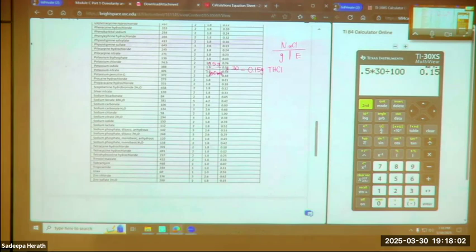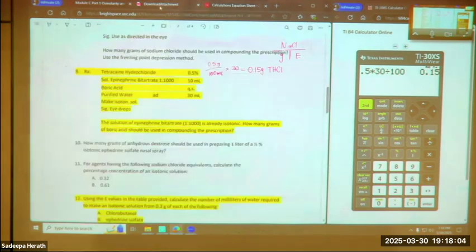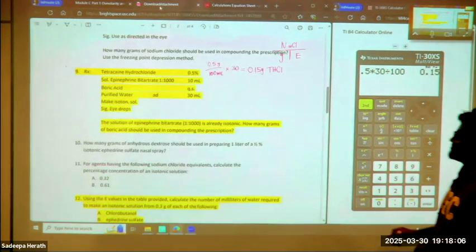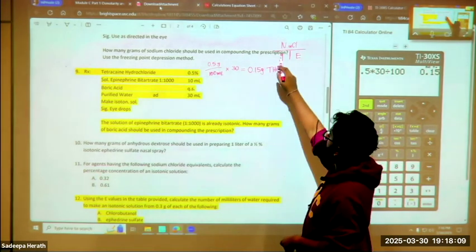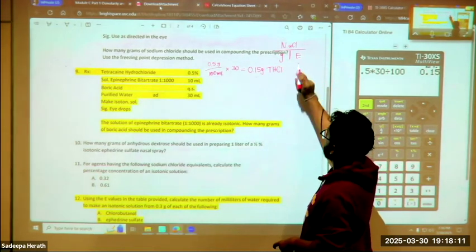And our E value is 0.18 again. So we have our grams of drug, multiply that by our E value.